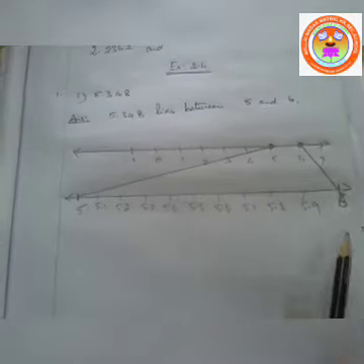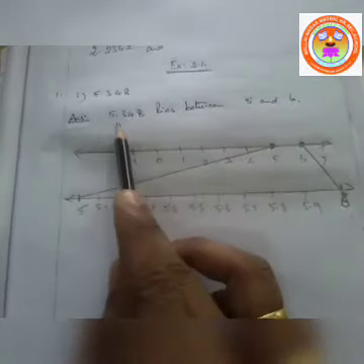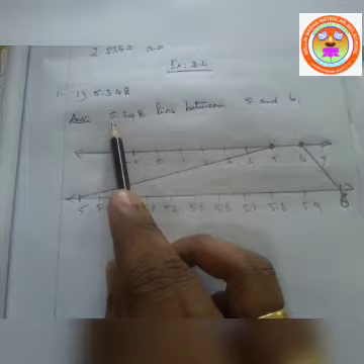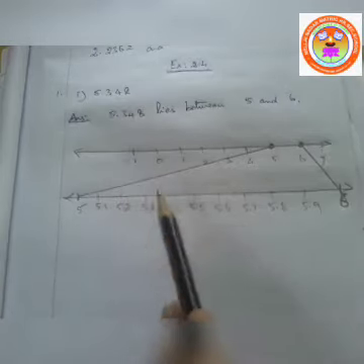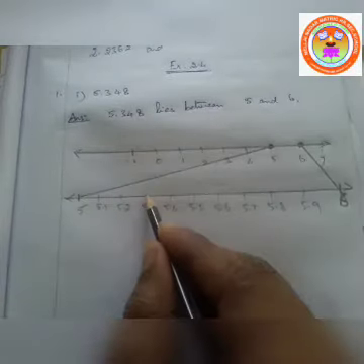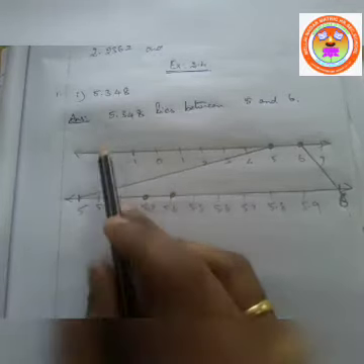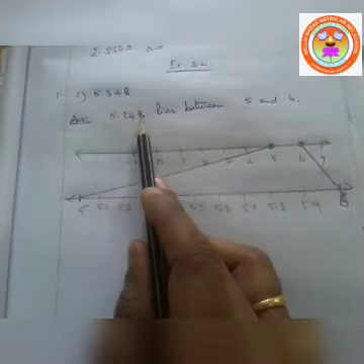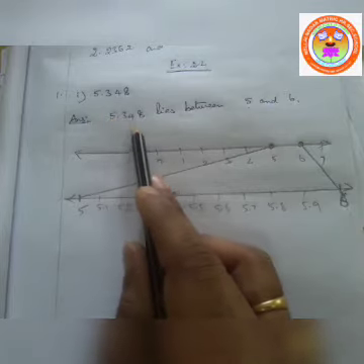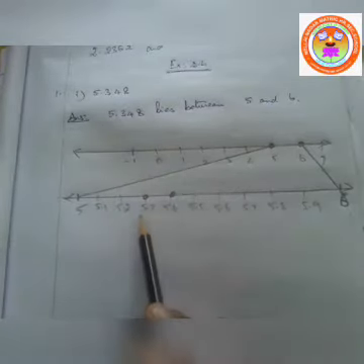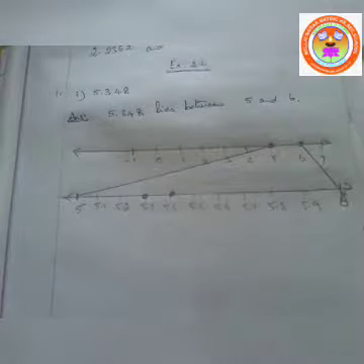Yeah. After this, 5.348 is there. Where will this 5.348 come? It will come between this 5.3 and 5.4. Are you agree with me? So what I am going to do?